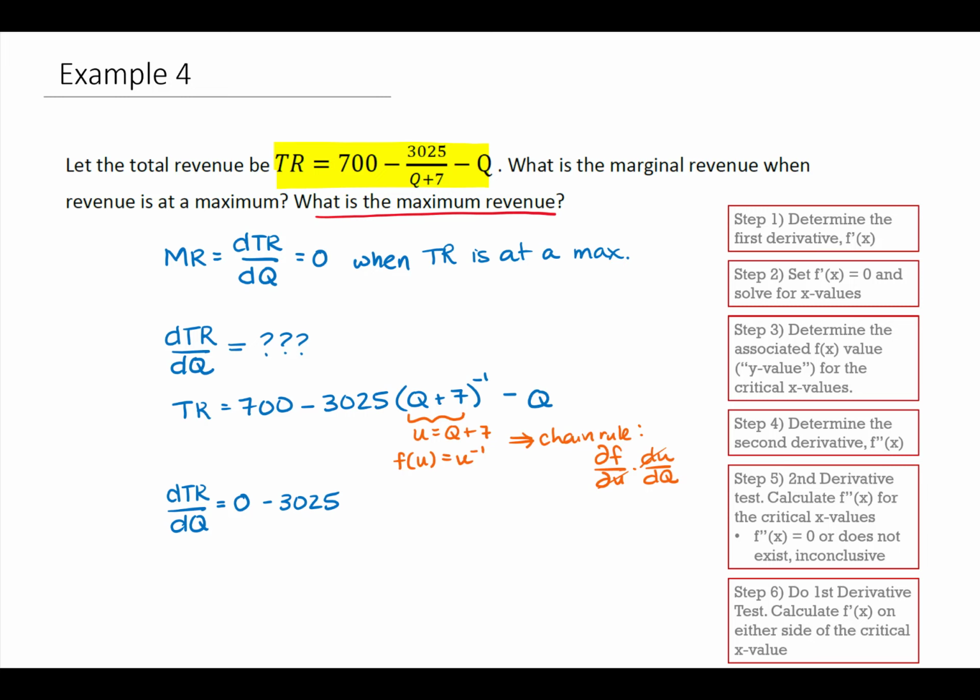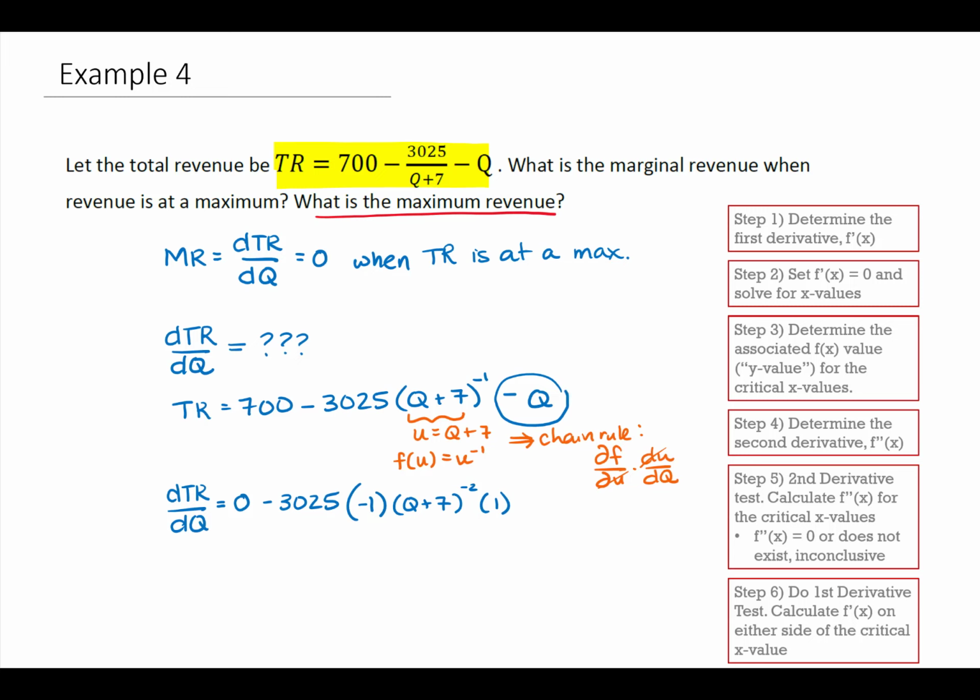So df/du, the derivative of this portion, will be -1 times u to the power of -2. Of course, my u is Q plus 7, so I'm going to substitute that in. And of course, I'm not done the derivative. I have to do my du/dQ. Looking at the derivative of Q plus 7, I get 1. So now I've done the derivative of my second term.